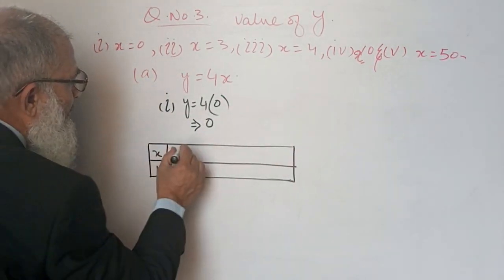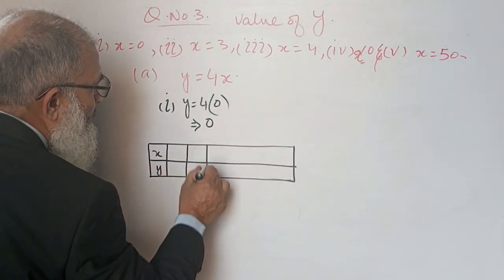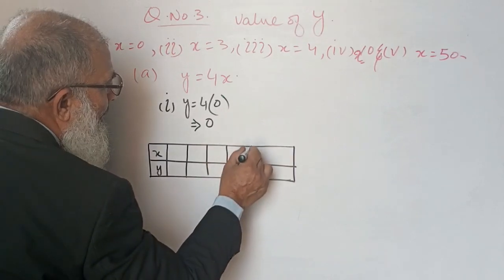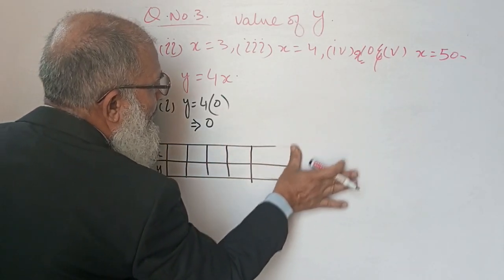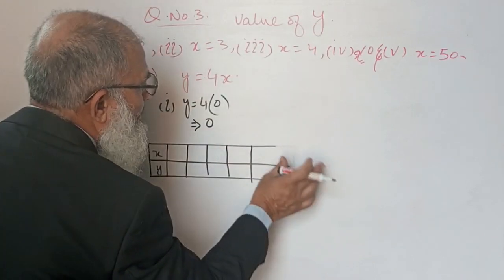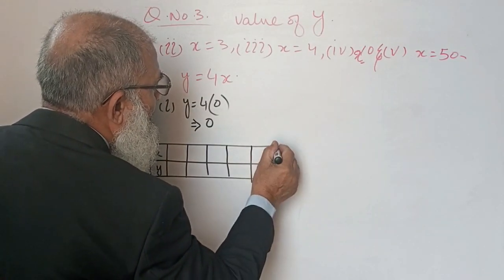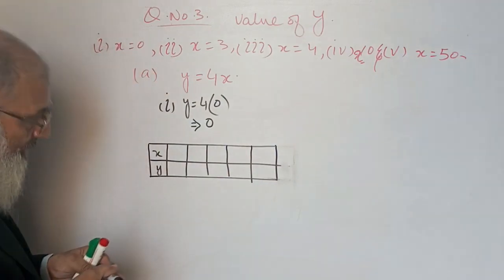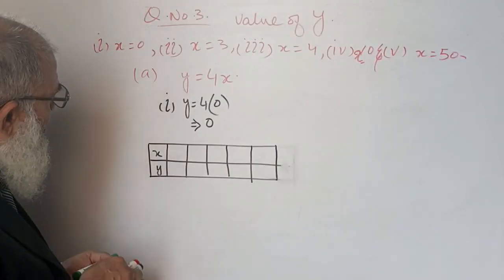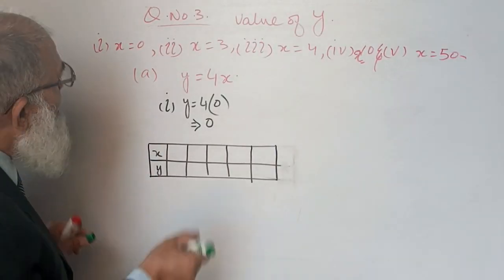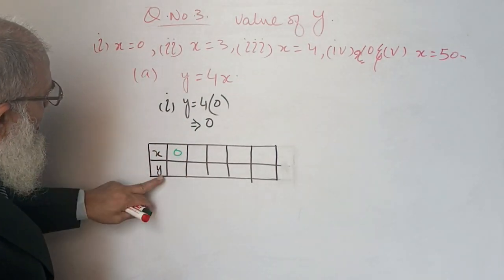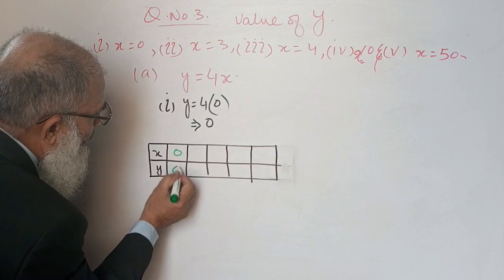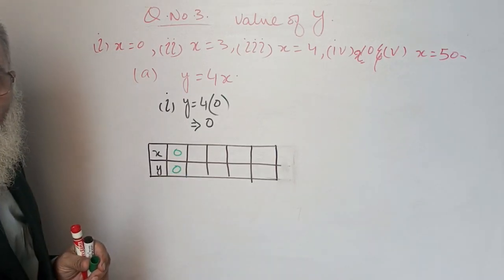So we will further divide this table into 5 equal columns, 1, 2, 3, 4 and 5. Let me make it a little shorter. Now what happened over here is that when x was given as 0, the corresponding value of y became 0.